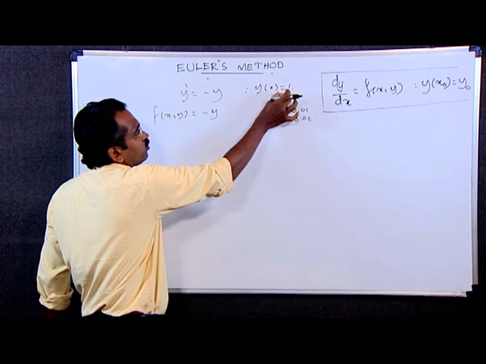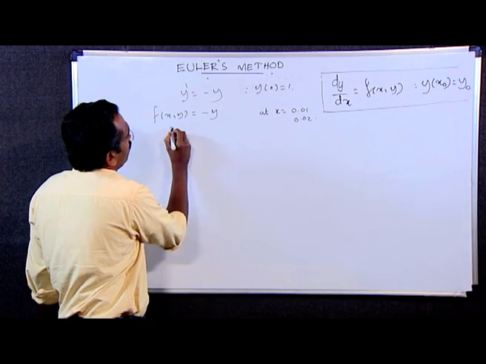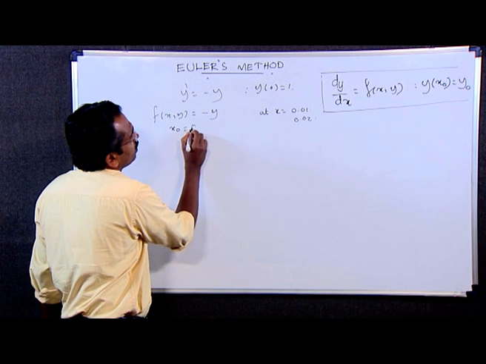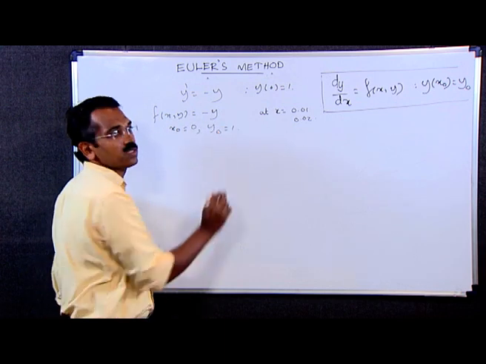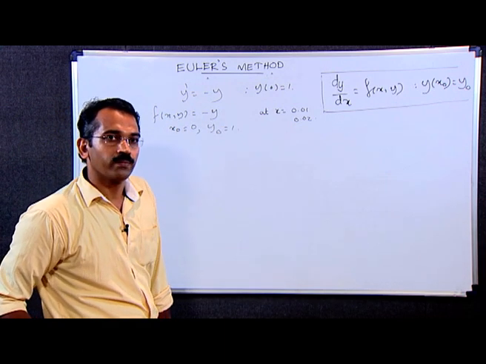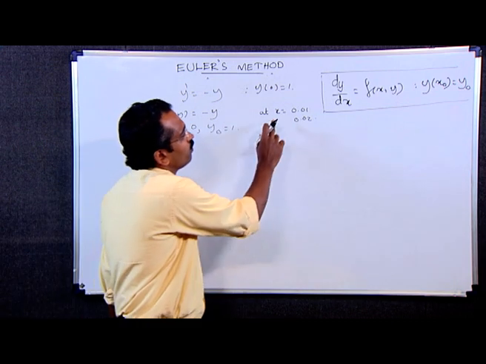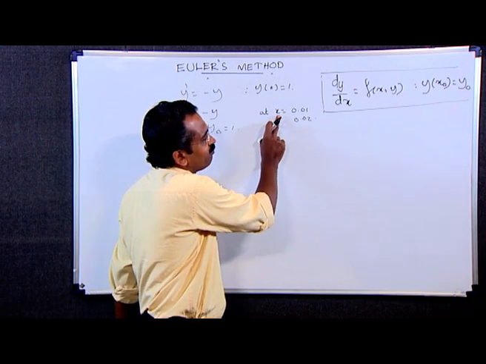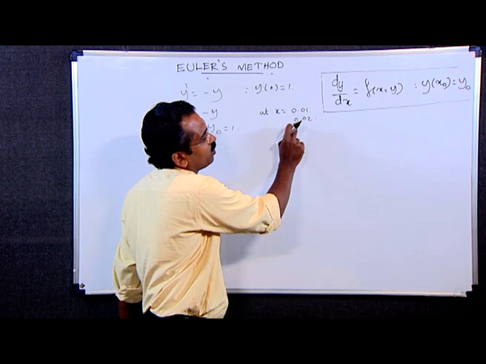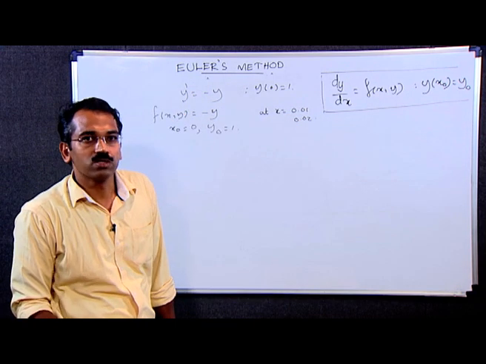y naught is equal to 1 means x naught is equal to 0 and y naught is equal to 1. Now, we want to find the value of y at x equal to 0.01 and x equal to 0.02.